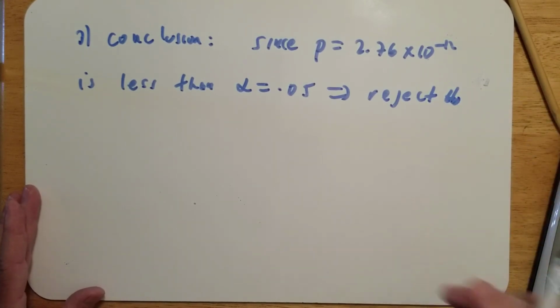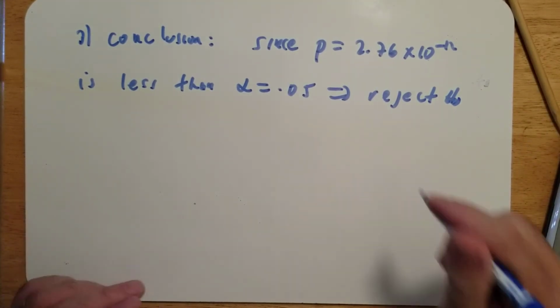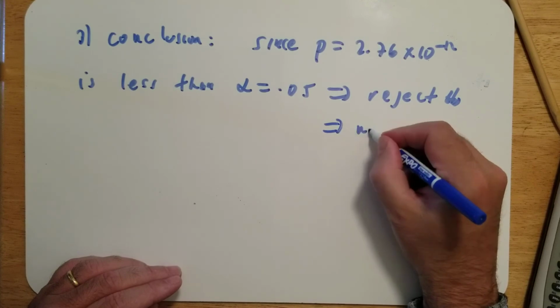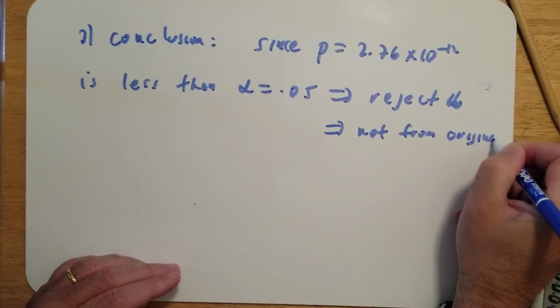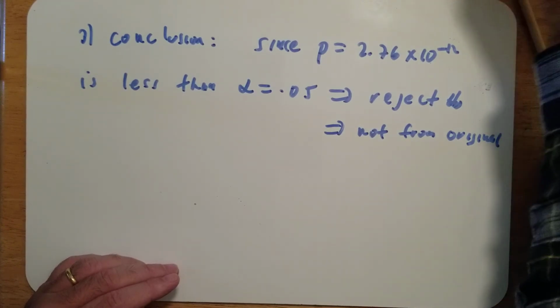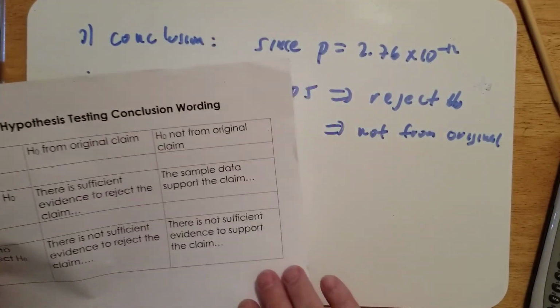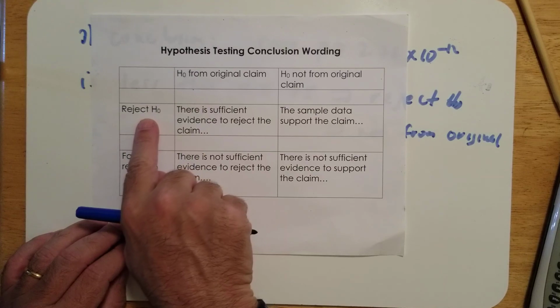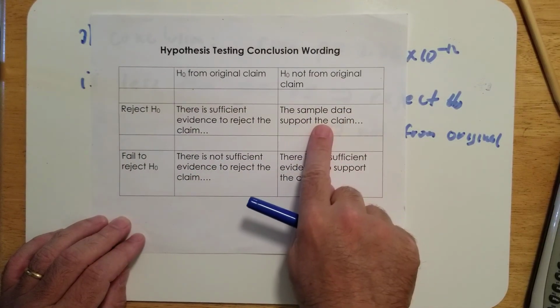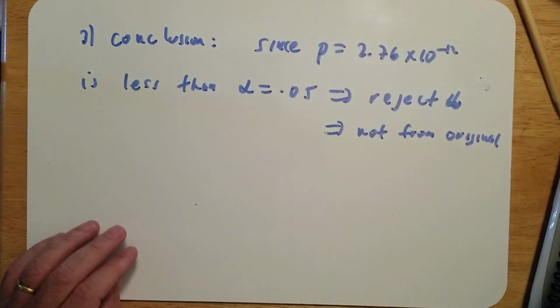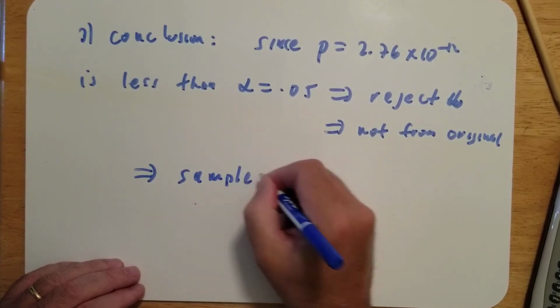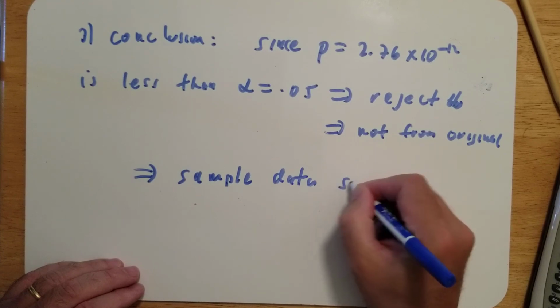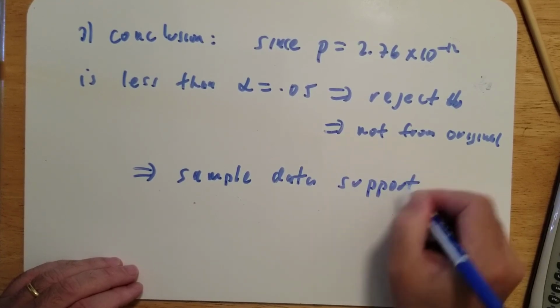And going back to the original setup, H null was not from the original claim. If we look to the wording chart for the conclusion, reject H null, not from original, the sample data support the claim is the conclusion.